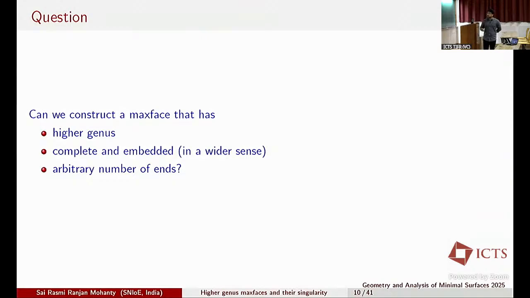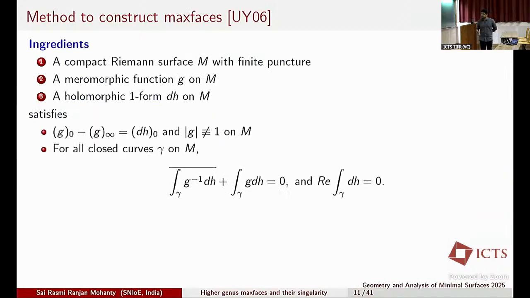But before that, how do we construct the surface? Already we saw in many talks that there is a representation called the Weierstrass-type representation to construct this type of surface. For this representation, we need some ingredients to construct the Max space.